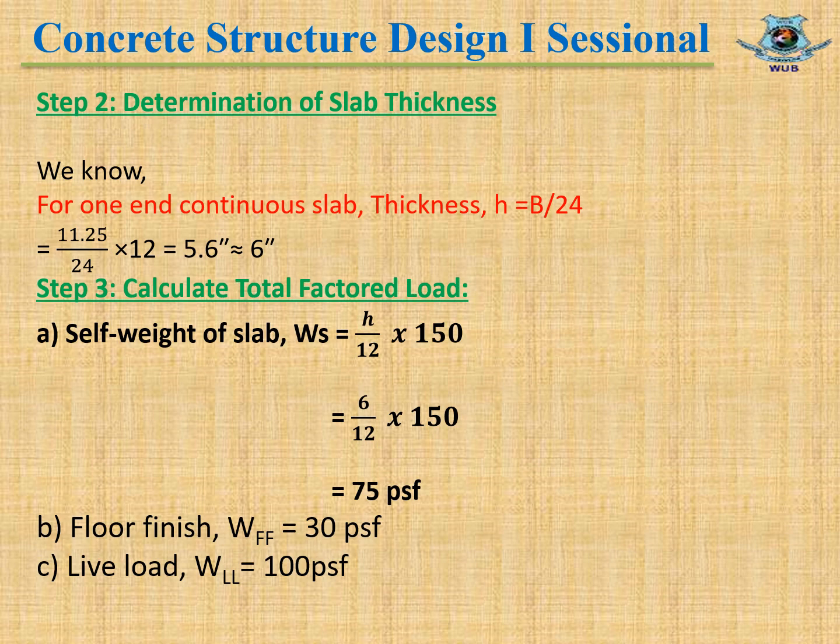Step 3. Calculate total factored load. Now, self weight of slab WS equal to h by 12 into 150. Here, h is equal to slab thickness equal to 6 inch. 150 equal to unit weight of concrete. 12 is to convert h into feet.